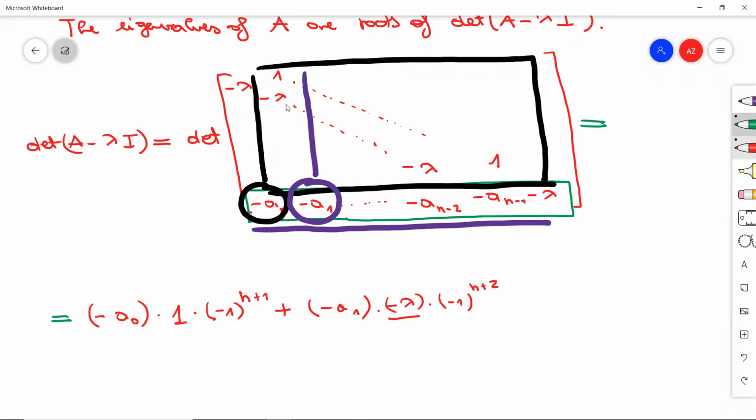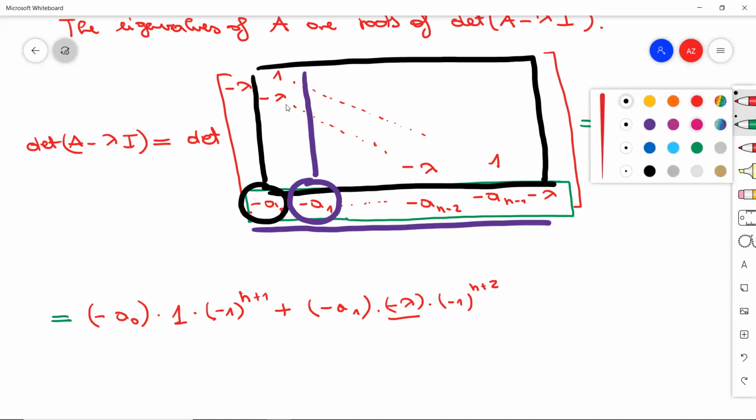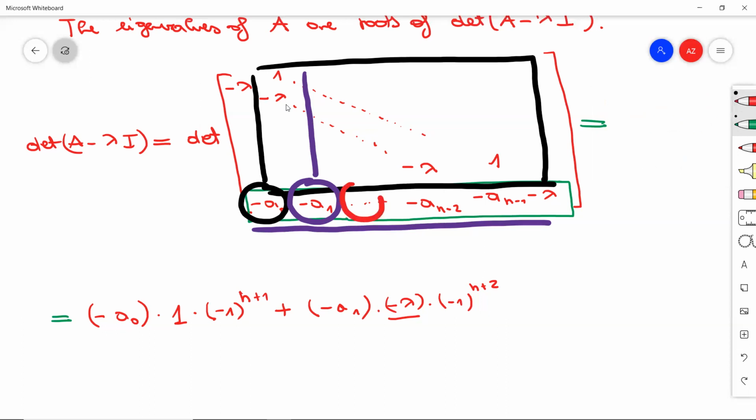Let's do another term. So in another term, we have to forget about the third column and the last row. Plus -a2. I will write this -1 to n plus 3, not to forget about this -1 or +1. And what do we get here?